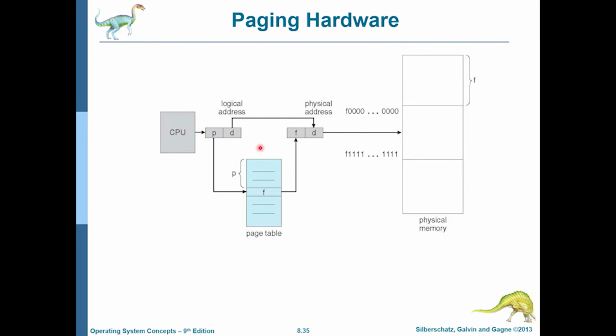We just replace P with F, and the information about F is given by the page table entry. So we look at the page number, go to the correct page table entry, figure out the frame number, and replace P by F, and the offset remains the same. Now this logical address has been converted into a physical address, and we can go read and write in our physical memory.